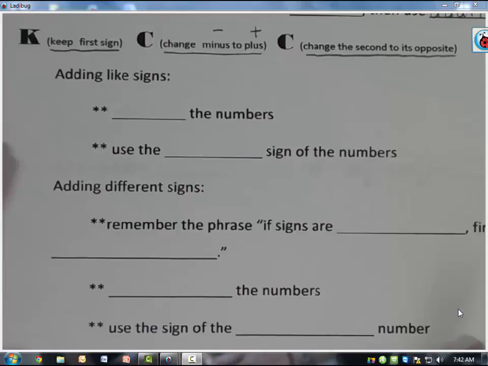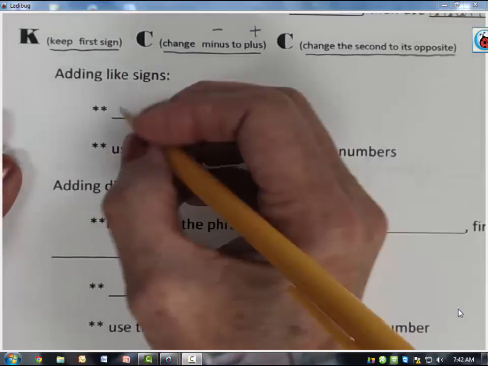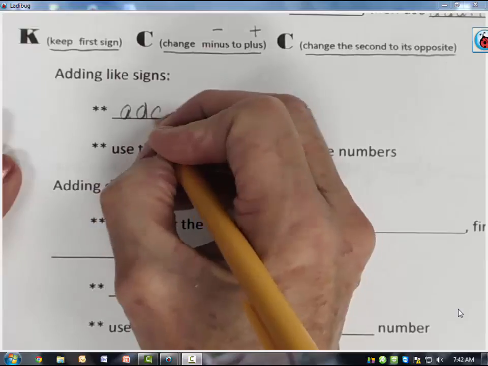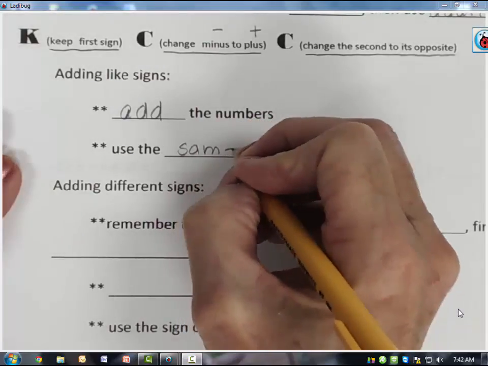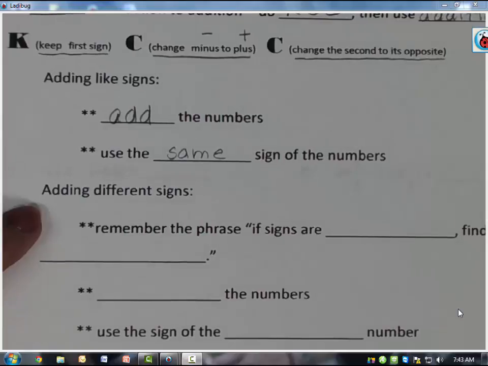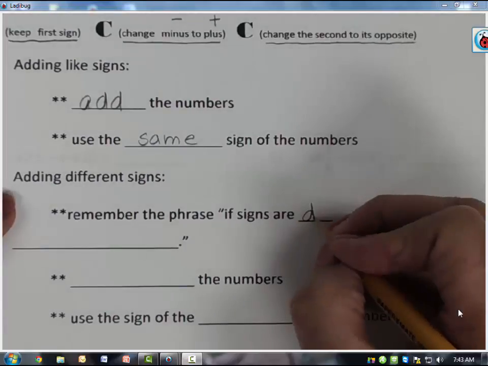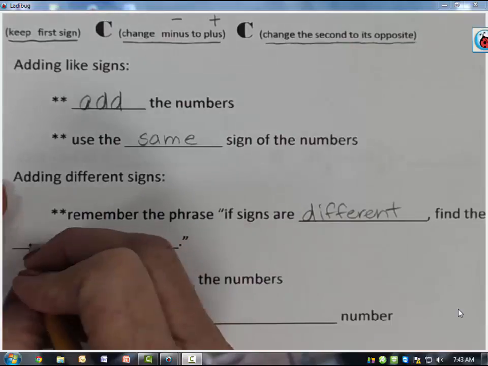Okay, we're going to review the addition rules because we are changing our subtraction problem to an addition problem. So remember, when you add like signs, you add the numbers and then use the same sign as the numbers for the answer. When you add different signs, remember the phrase, if signs are different, find the difference.